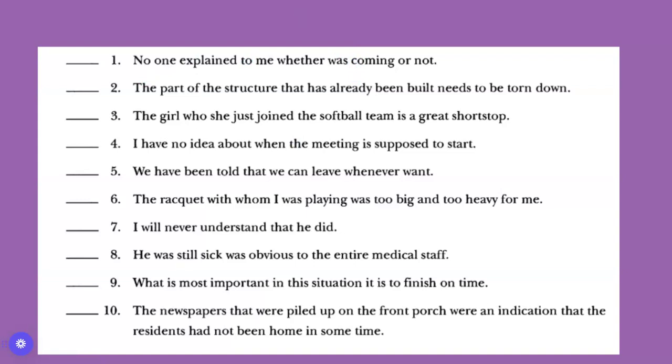This would be an incorrect sentence because it's missing a subject. No one explained to me whether I, he, she was coming or not. Incorrect.